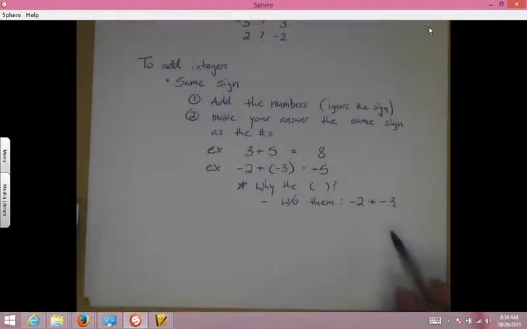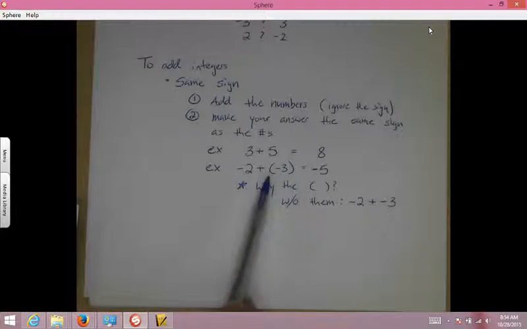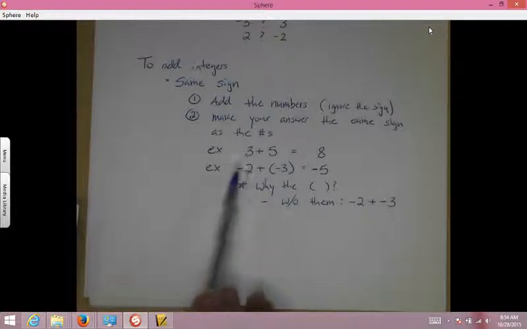And when you look at this, kids, if there's no parentheses there, you're like, am I adding? Am I subtracting? Is this plus and negative? Or, you know, is it plus minus? Maybe I couldn't make up my mind. You don't really know what to do. But with the parentheses, you say, okay, -2 plus a -3. It delineates between subtraction and addition, makes it very clear what you do.